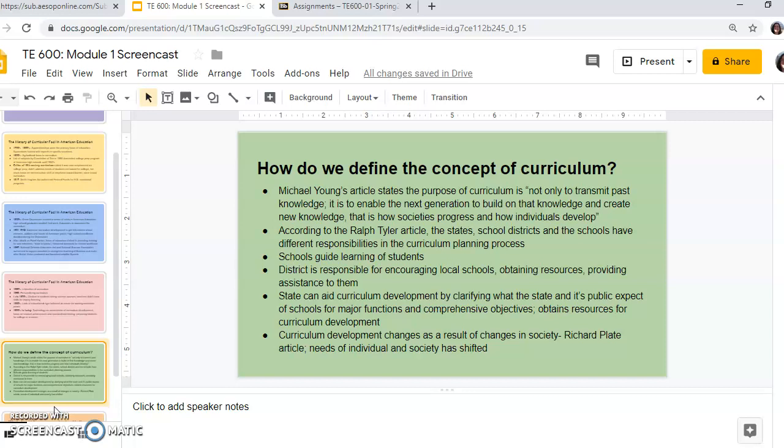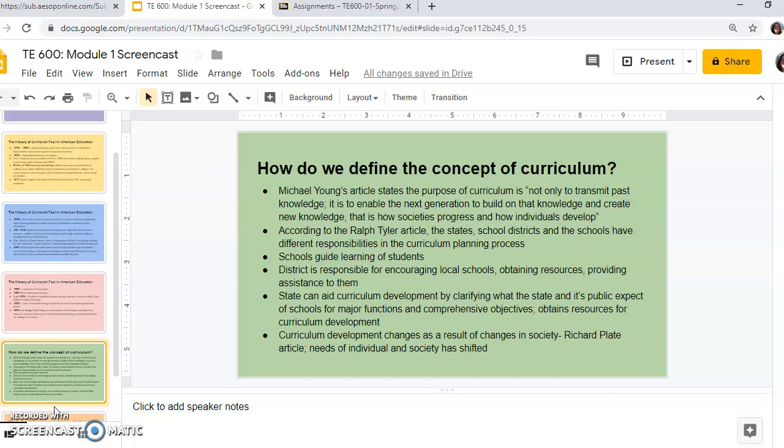So Michael Young's article states that the purpose of curriculum is not only to transmit past knowledge, so we're teaching students about things from the past and knowledge that people have known, but also to allow students to build on that knowledge and create new knowledge through investigating and inquiry.